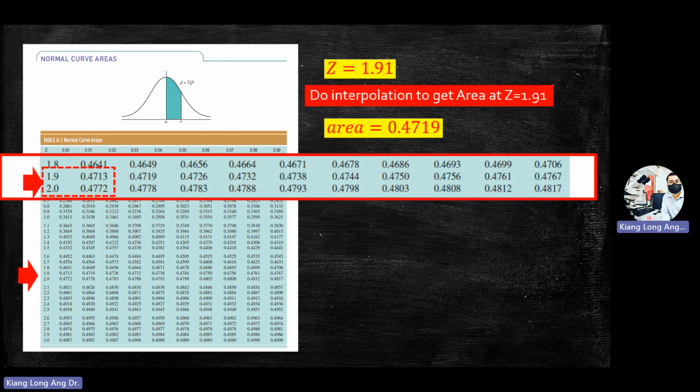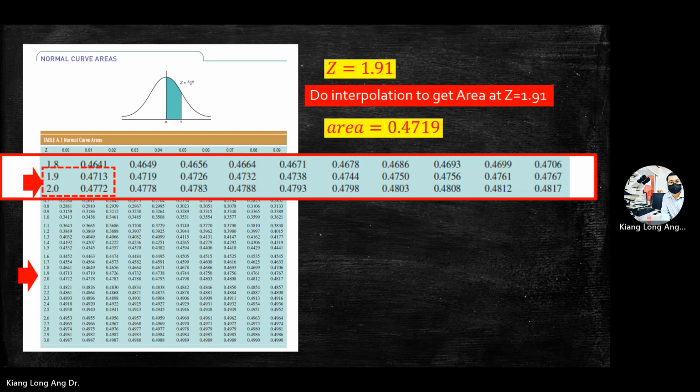If you say 1.91, you should have 1.901. Here. Straight away check here. If your statistics teacher taught you like that, then you use this number. Okay. Can also.